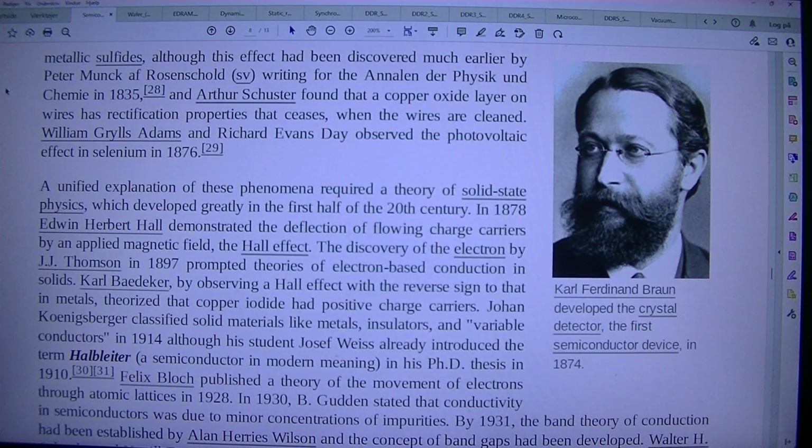Arthur Schuster found that a copper oxide layer on wires has rectification properties that cease when the wires are cleaned. William Grylls Adams and Richard Evans Day observed the photovoltaic effect in selenium in 1876.